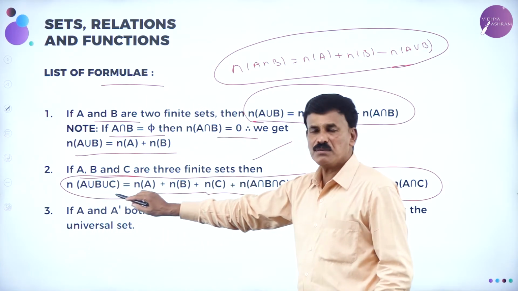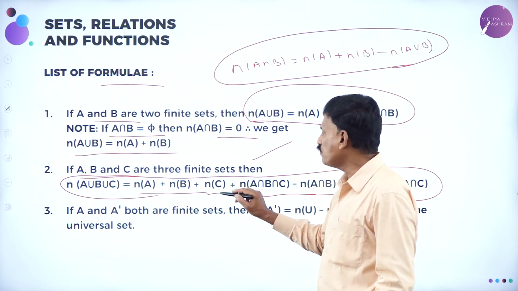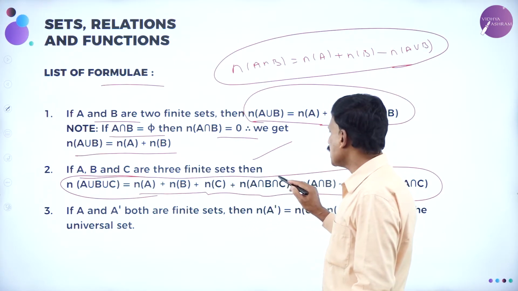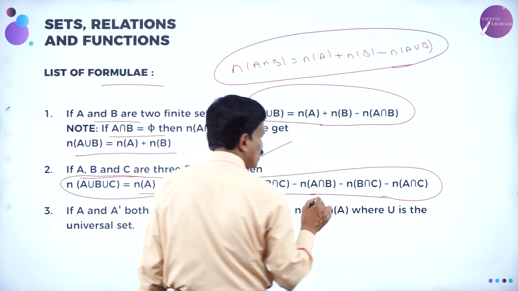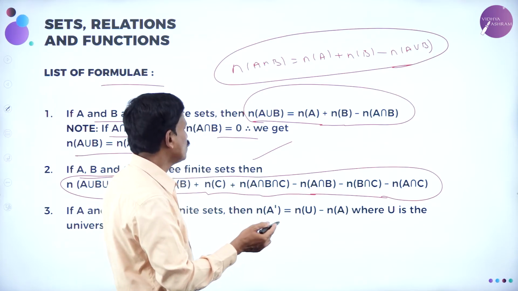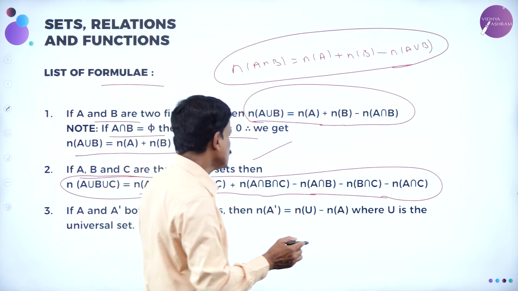So n of A union B union C is equal to n of A plus n of B plus n of C plus n of A intersection B intersection C minus n of A intersection B minus n of B intersection C minus n of A intersection C.